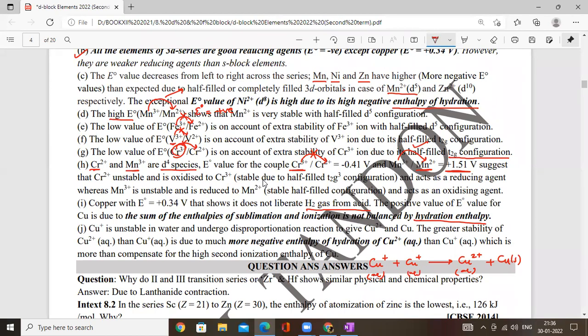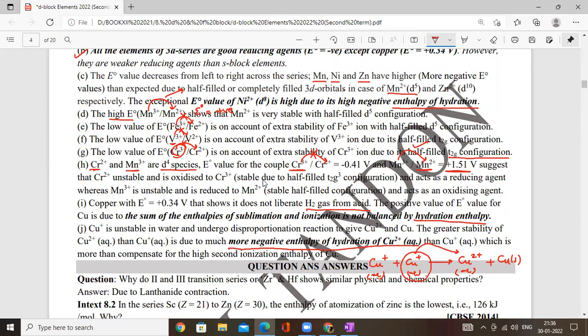The reason I told you is because copper 2 positive has a very high or more negative enthalpy of hydration. That's why copper 1 has a tendency to get converted into copper 2 positive in aqueous medium. That's the most important reason.